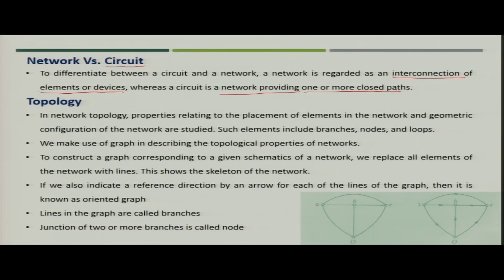A network is generally regarded as a more generic term, where it can be open or closed, while in an electrical circuit we make sure that there is a closed path for current to flow. In electrical engineering we generally use both of them interchangeably, because network is the more generic term. In this particular course also we will use sometimes network, sometimes circuit, but that means the same thing.